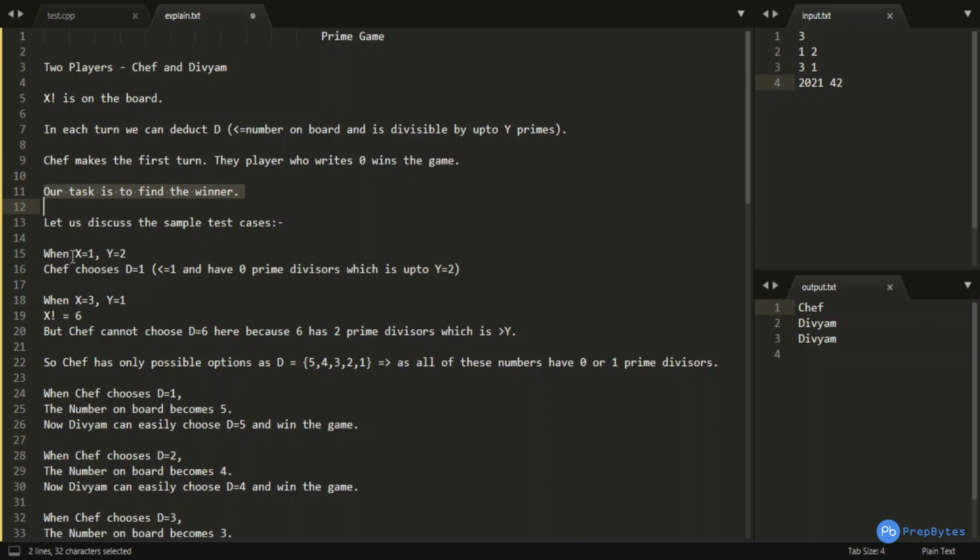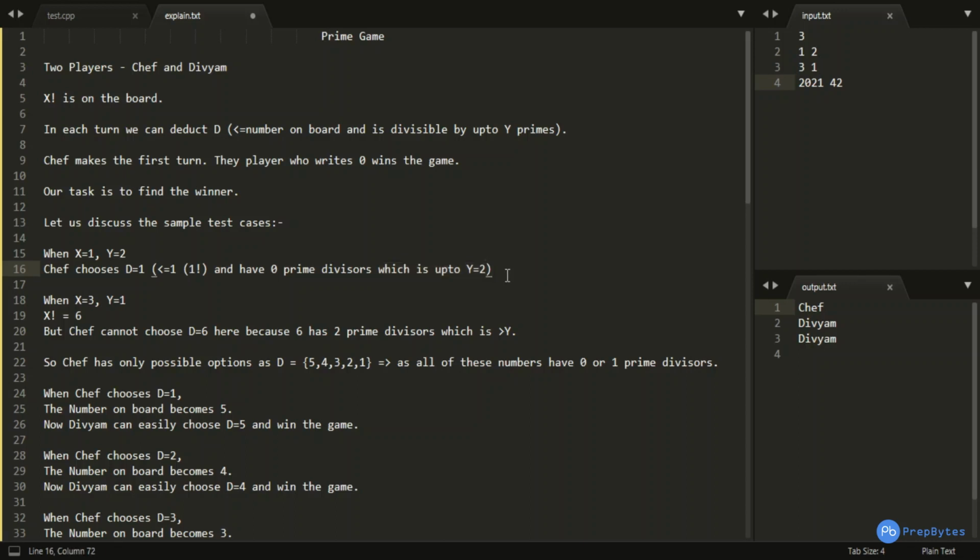The first sample test case is when x equals 1, y equals 2. So here Chef can easily choose d equals 1 because d equals 1 is less than or equal to 1, which is nothing but 1 factorial. My d is less than or equal to the number on the board, and this number d has 0 prime divisors, which satisfies the condition that prime divisors should be up to y equals 2.